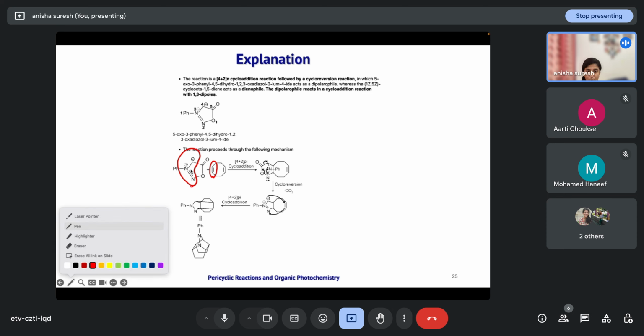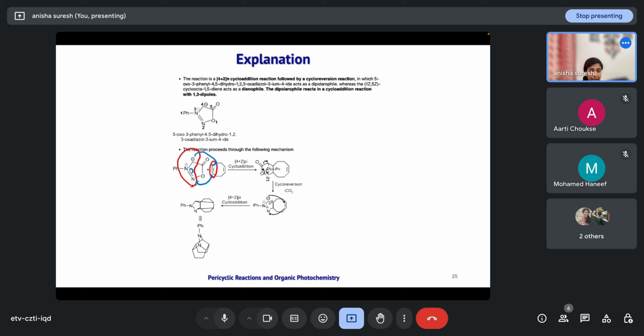So it will undergo a 4 pi 2 pi cycloaddition reaction or 1,3 dipolar cycloaddition reaction in this fashion, resulting in the formation of this product. Then this elimination of CO2 is termed cycloreversion. Fine. This electron will be pushed in this fashion and CO2 will be removed, resulting in the formation of this product.